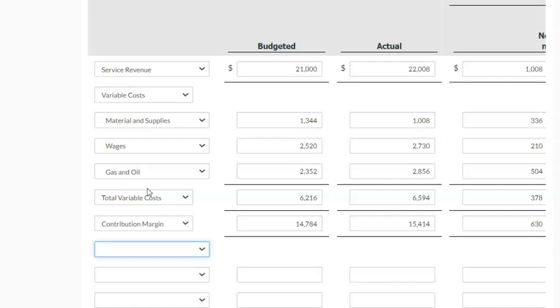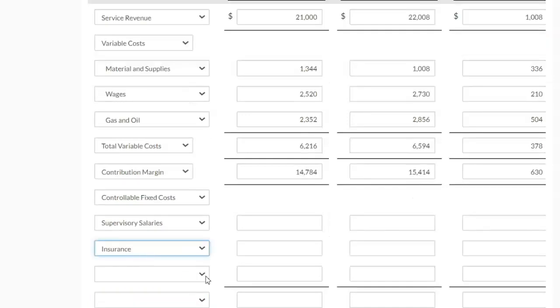So we will have the salaries, and insurance, and equipment. No, salary is wages, we already put that. So we have supervisory salaries, another one, and insurance. Yes, insurance, and equipment.